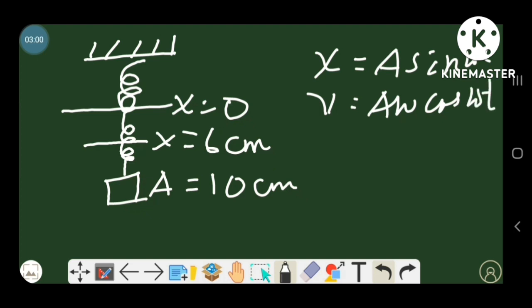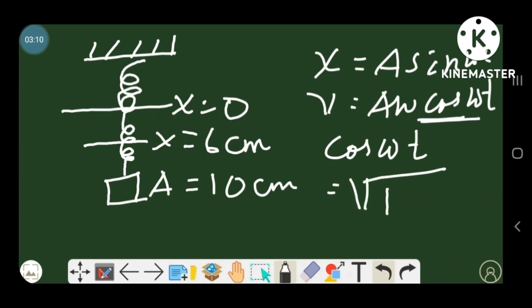From this, cos omega t is equal to the square root of 1 minus sine square omega t.